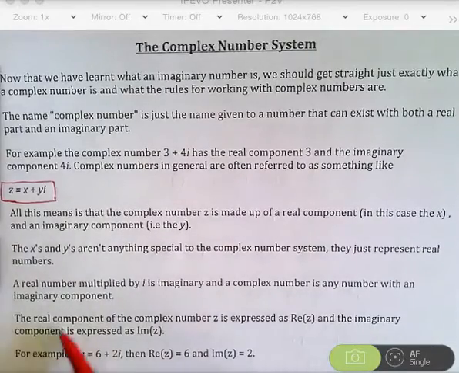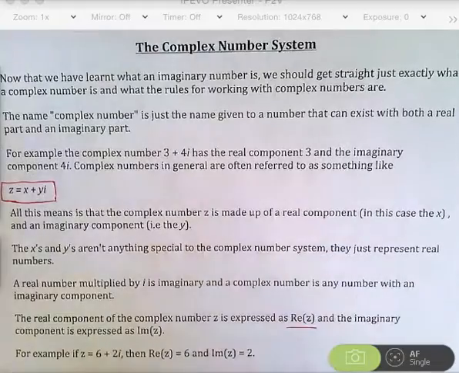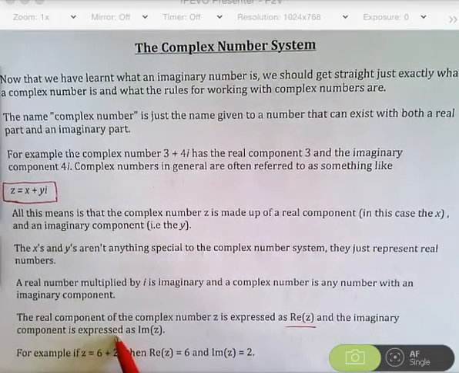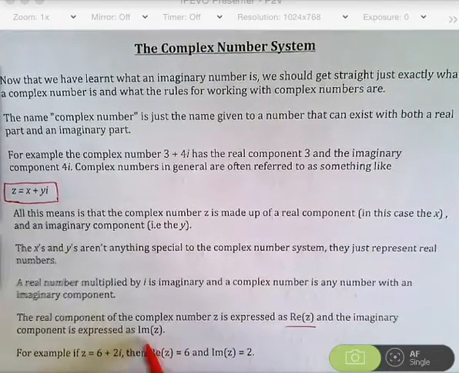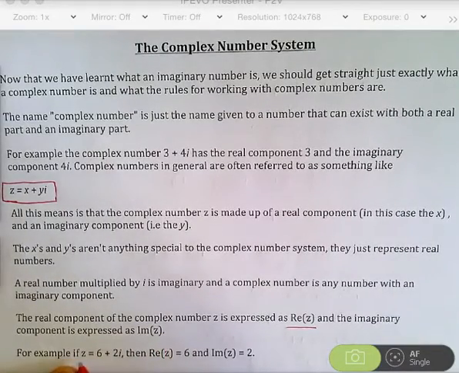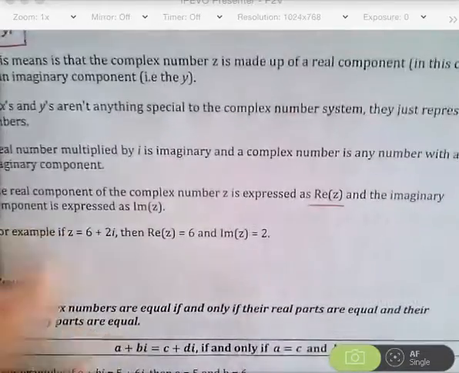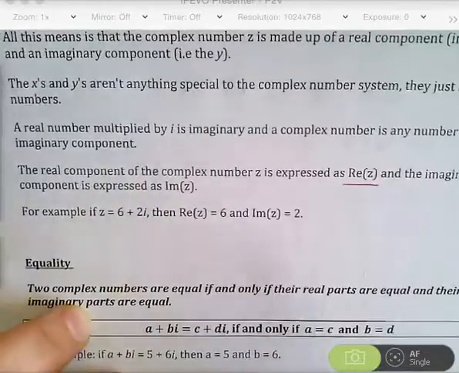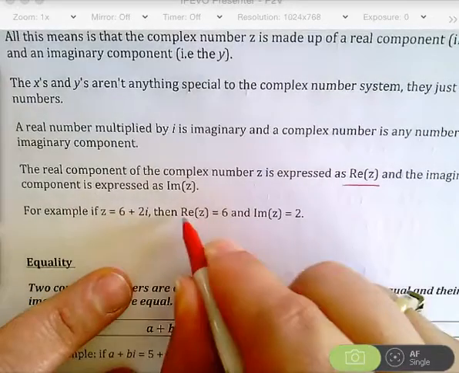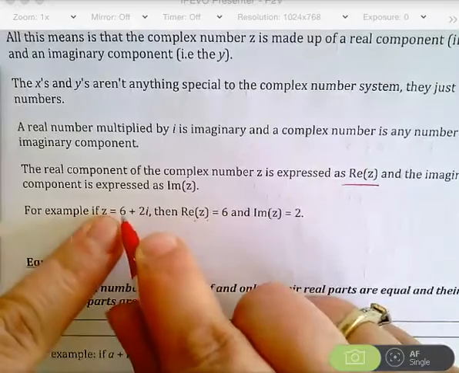All right? So the real component, we write it like this: Re(z). And the imaginary component is expressed as Im(z). So if I give you the complex number z equals 6 plus 2i, and I ask you what's the real part of that complex number, I go real part of z, Re(z), is the 6 bit.